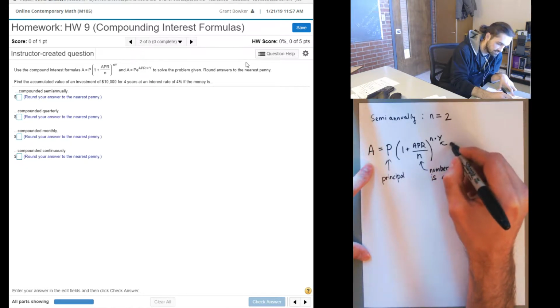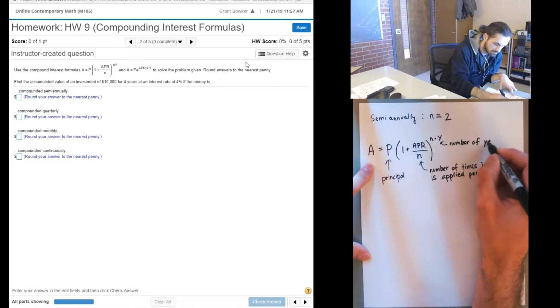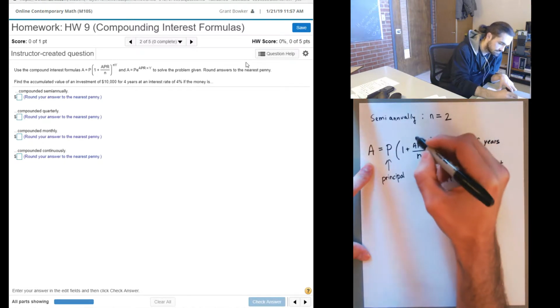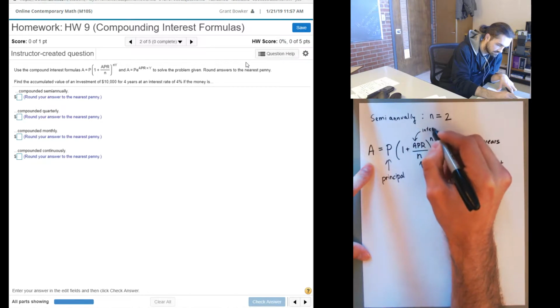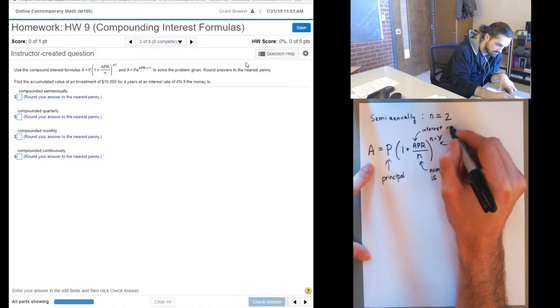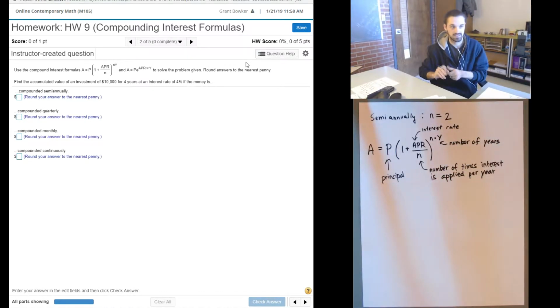Y is the number of years. And APR is your interest rate, or annualized percentage rate, I believe, is what APR stands for.